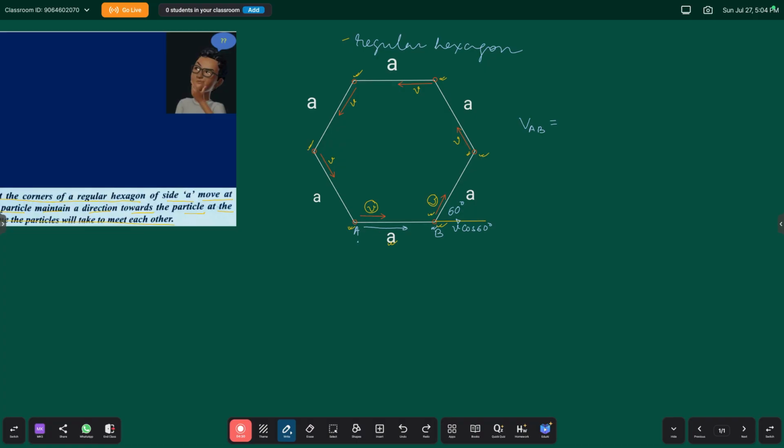So VAB is the speed of approach if we say. Then velocity of A in the direction of B minus velocity of B in the direction of AB. So VA is v, VB component in the direction of AB is v cos 60 degree.